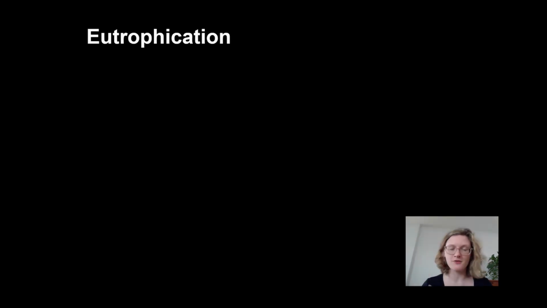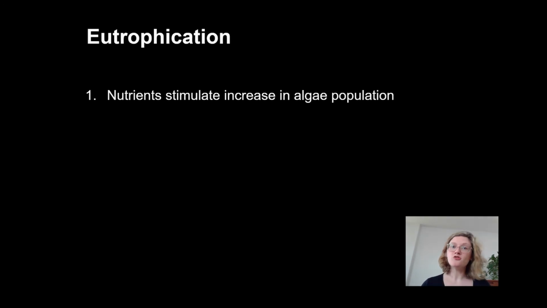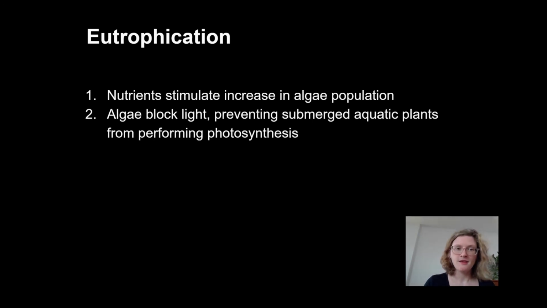We're going to run through that one more time in case my cartoons and voices didn't make sense to you, if you're looking for something to put in your notes. Eutrophication begins when nutrients stimulate an increase in an algae population. Those algae then block the light, preventing submerged aquatic plants from performing photosynthesis. This will decrease oxygen levels because oxygen is a product of photosynthesis.